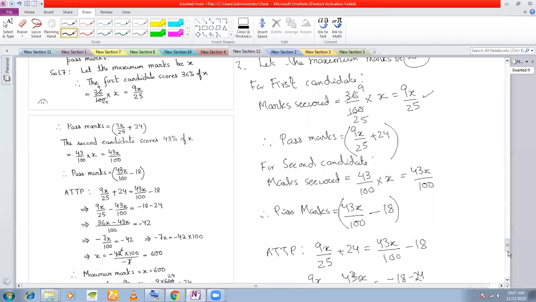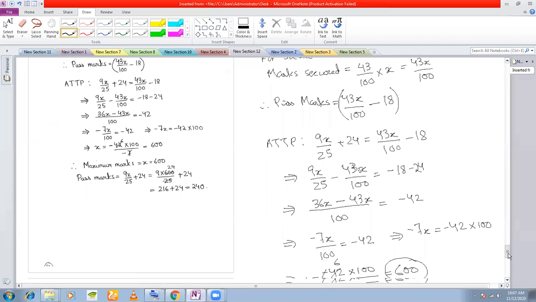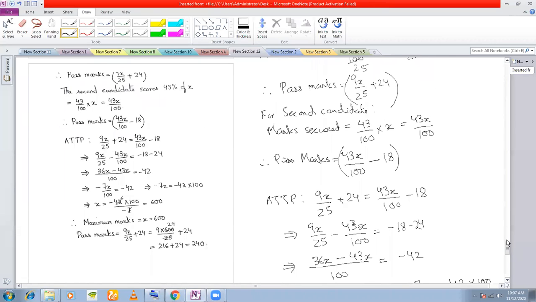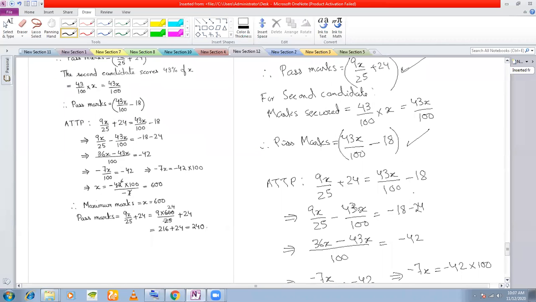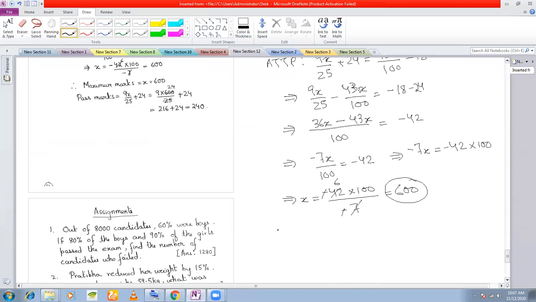What is the pass marks here? Pass marks here is this 9x by 25 plus 24, or this 43x by 100 minus 18. So any one you can take. One thing that I've forgotten in the solution, I've forgotten this here.